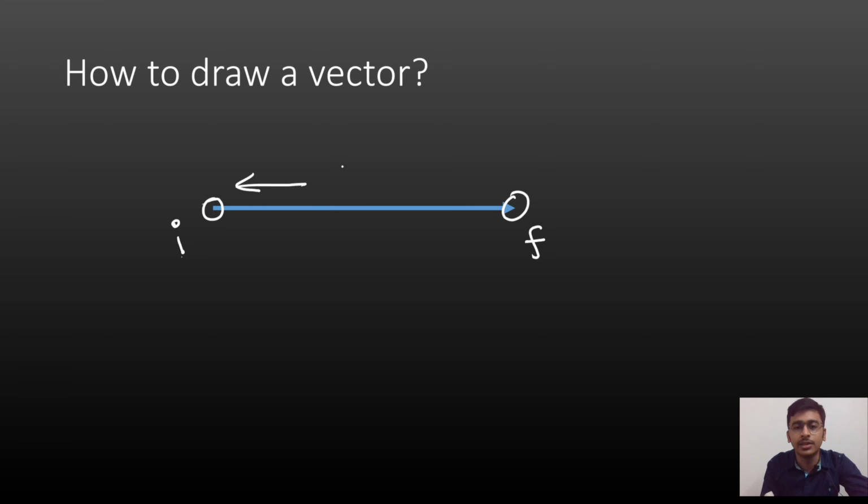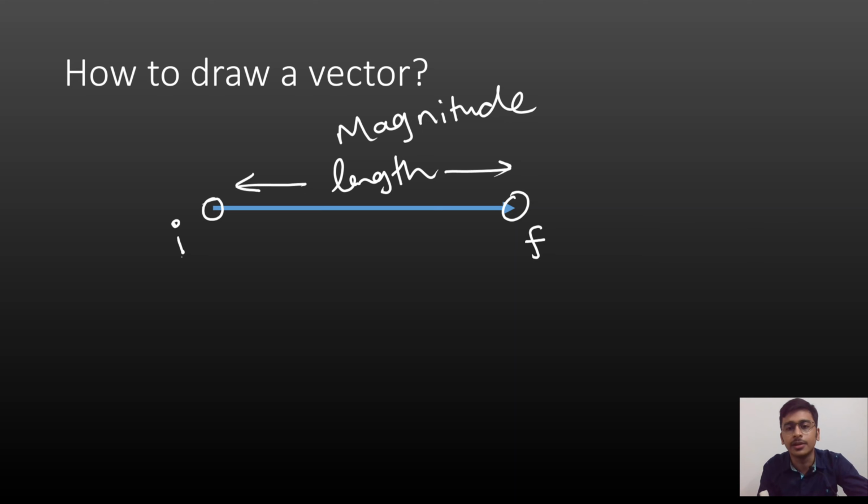This length is its magnitude. And this arrow represents its direction. So this is how we usually draw a vector.